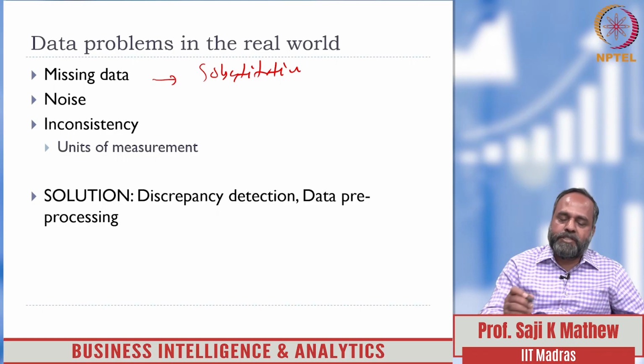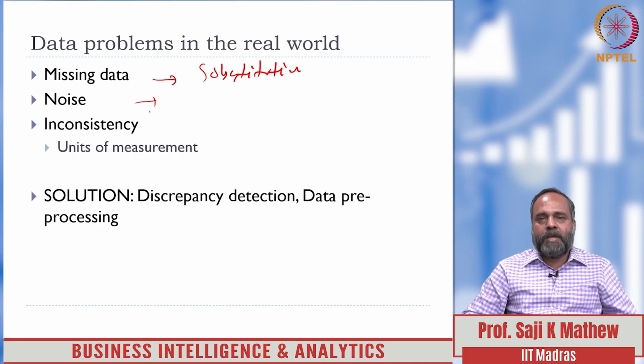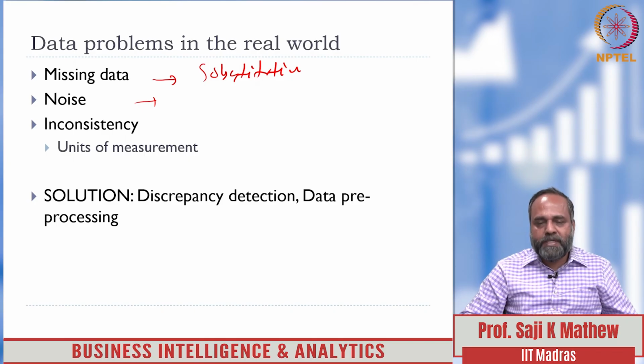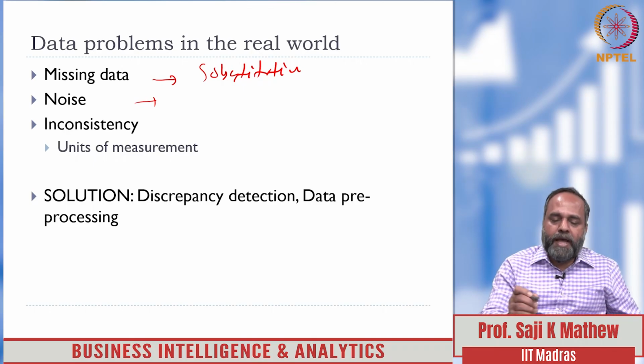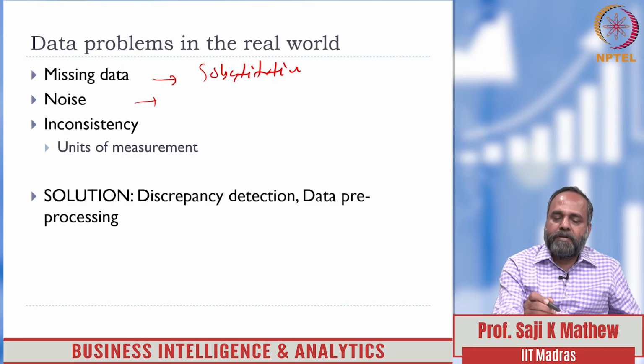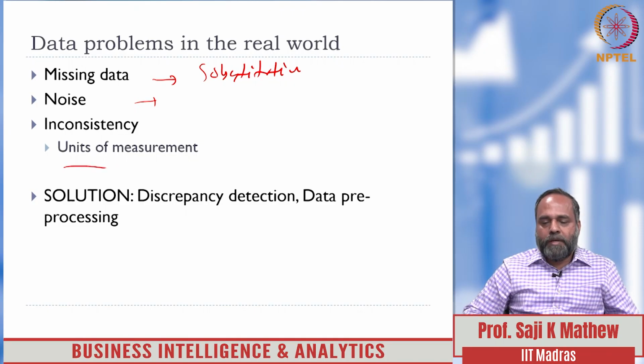And for noise, you can use filters. You can use different techniques to address outliers. You must have learned those methods in basic data analysis, which is a prerequisite for this course, and we have talked about inconsistency and other issues already. So let me move on.